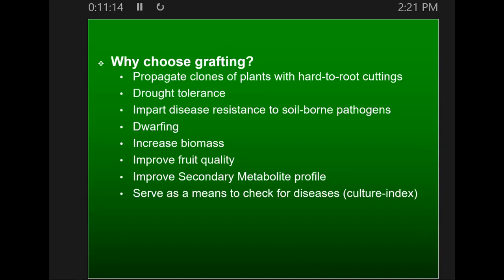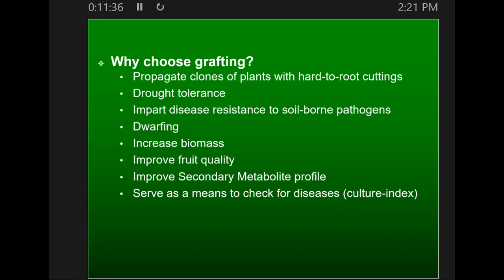But so, for example, if a scion is coming from a plant that doesn't exhibit disease visually, what you can do is do this grafting technique, and it allows, if you do it right, a way to test: is this plant harboring some pathogen that I don't really see the symptoms of outwardly, especially with the naked eye?